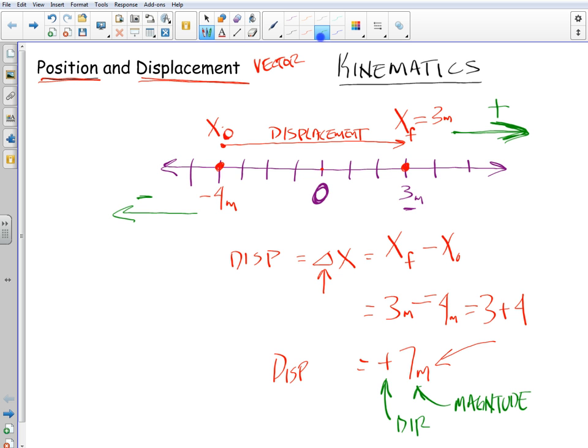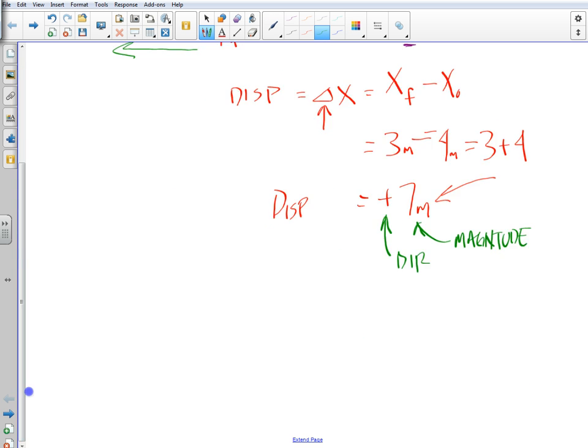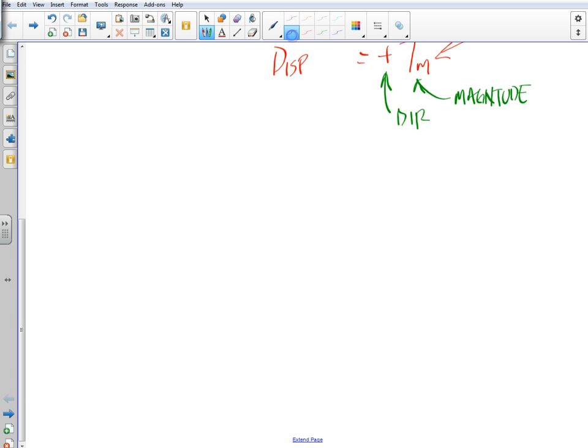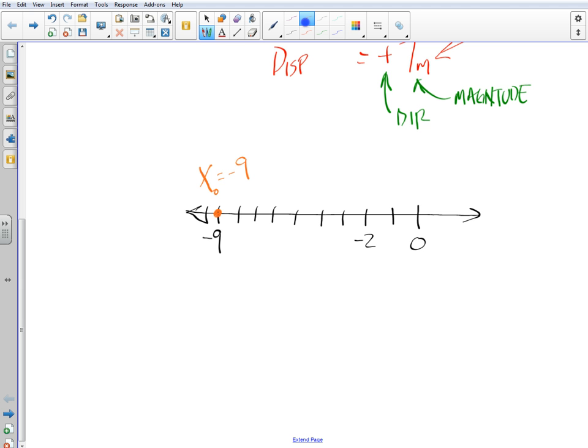So keep in mind, you don't even have to end up in the positives to have a positive displacement. For example, what if, similar situation, draw a number line, let's say here's 0. And let's say I go from -9 as my original position, and my final position was -2. So x final is -2.